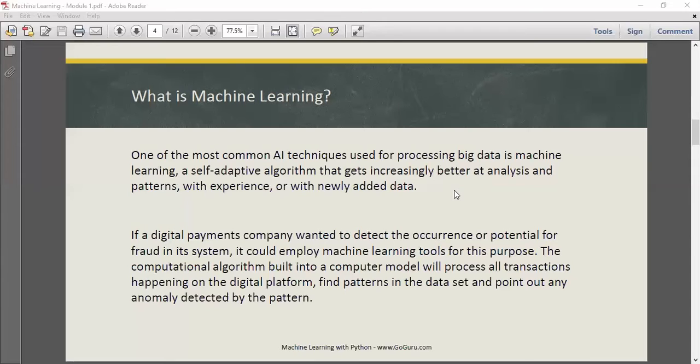So machine learning can be employed in different fields. And in this example that we have here, it can be used for detecting fraud in a system. For example, you could use it for a credit card transaction. A company can use it to point out outliers within the purchases, to find out, okay, there is a purchase that happened.